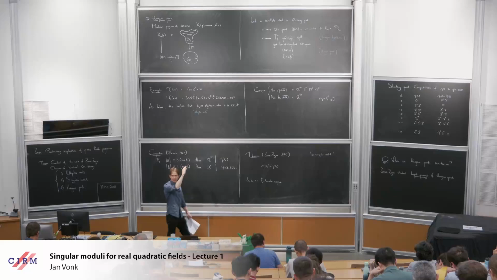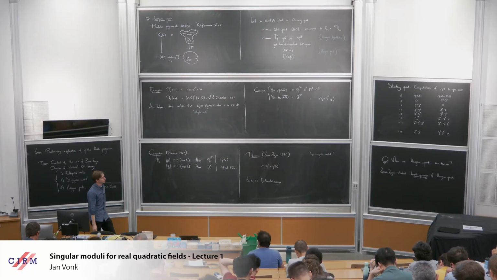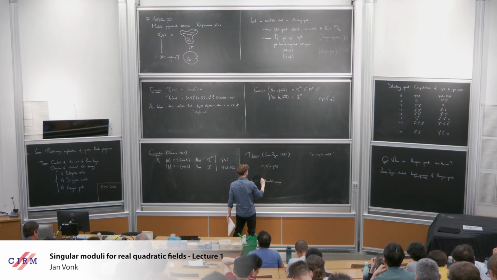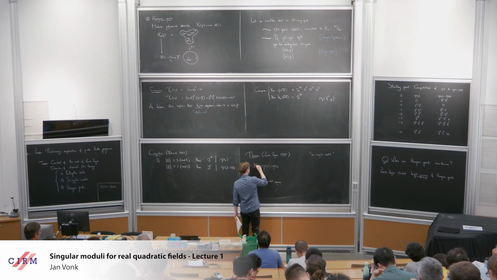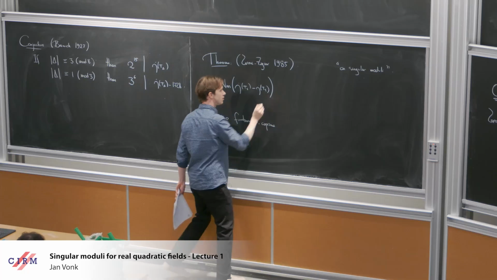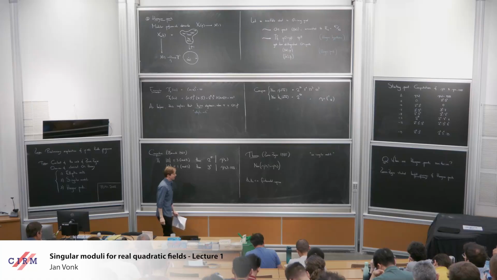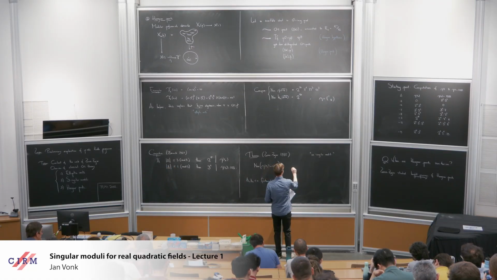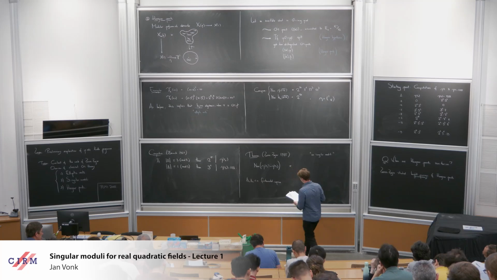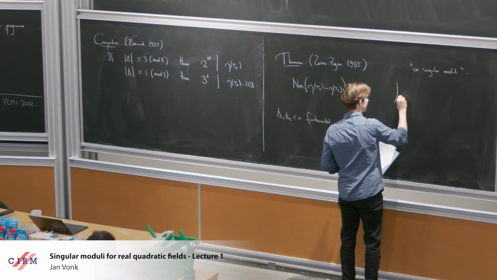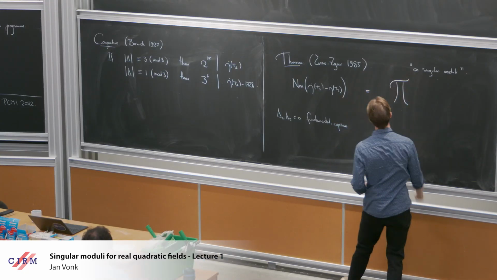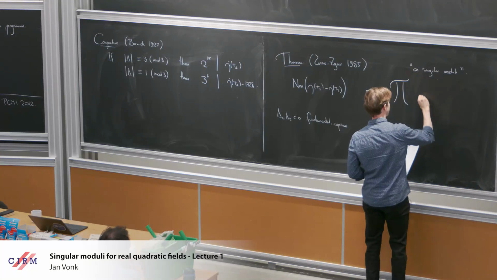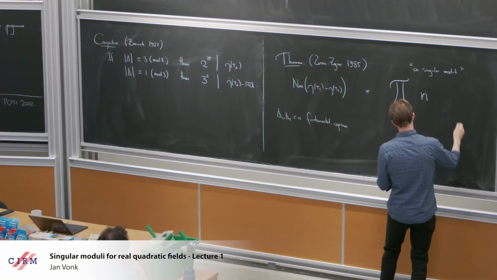That's a big algebraic number in the compositum of the two Hilbert class fields by the theorem that I think is still somewhere on the board. And if I take its norm down to Q, because this thing in brackets is an algebraic integer, I get an honest integer out. And that integer is essentially given by a completely explicit formula. What exactly the formula is maybe doesn't matter all that much, but I'll give it to you anyway. So the formula is the following.